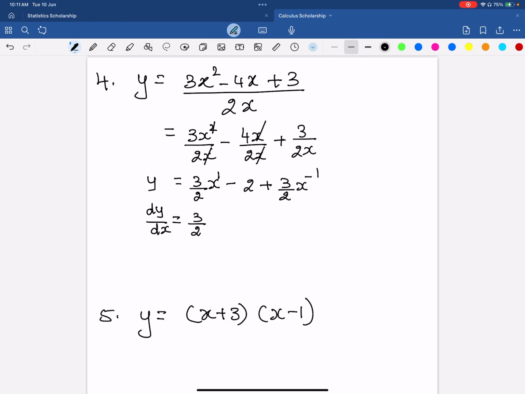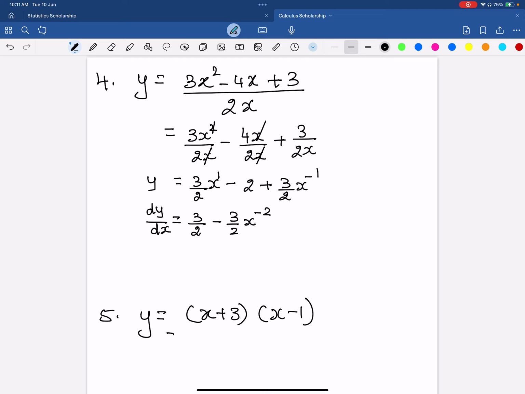Now you know that when it is just a constant, the differentiation of that is 0, so that's gone as well. I'm multiplying negative 1 with 3 over 2. So that's negative 3 over 2 x to the power of negative 2, because I'm decreasing the power by 1. Again, no need to simplify.